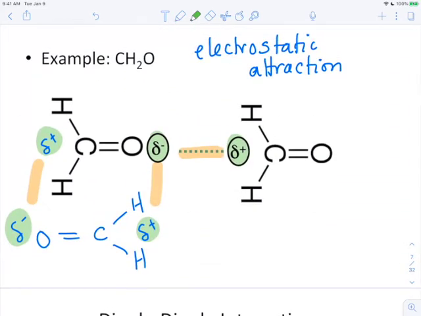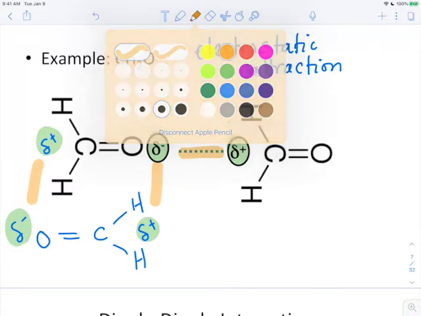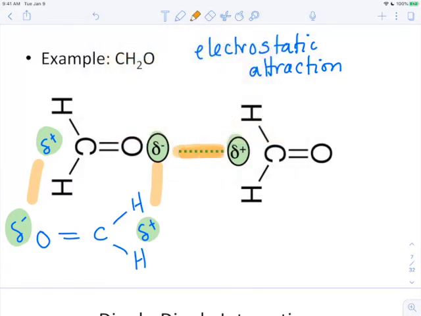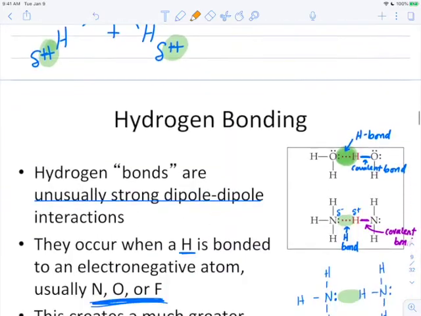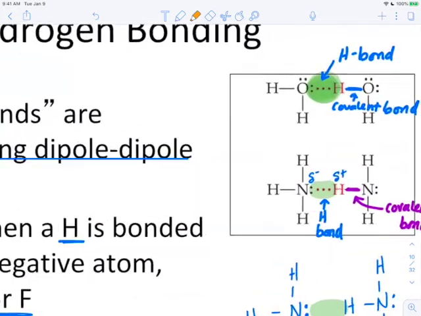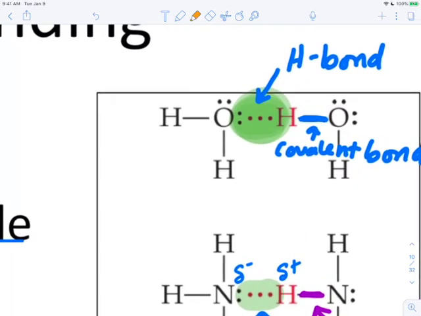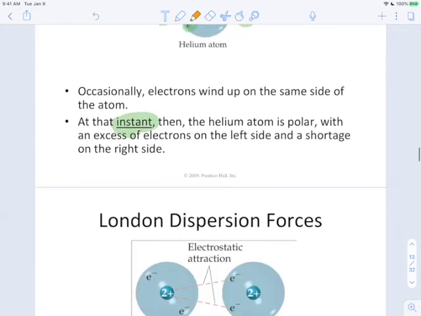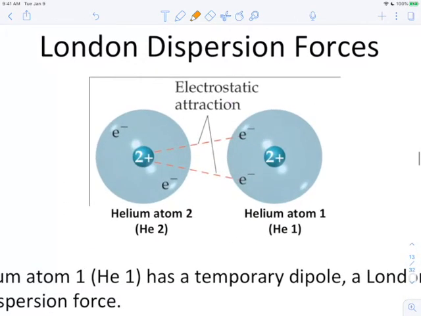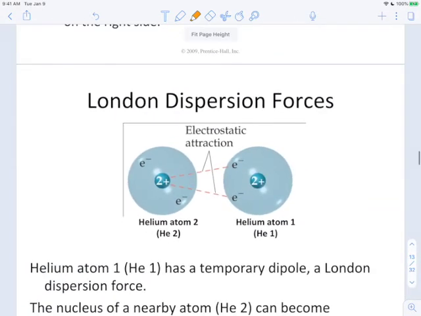So here's our dipole-dipole, and here it's a force between two molecules. Over here again, we're looking at between two molecules. And now again, we're going to talk about what happens in between two molecules or atoms here. So it's always in between.